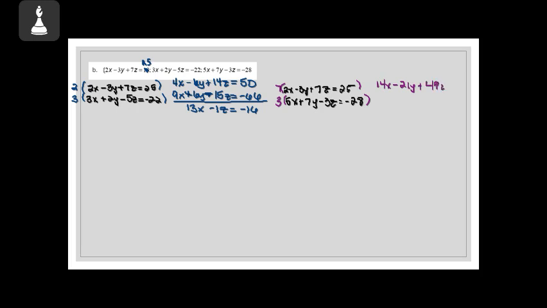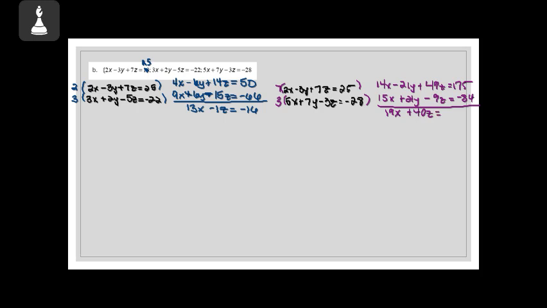Bottom one, 15x plus 21y minus 9z equals negative 84. So now if I add these down, I've got 29x, the y's cancel, plus 40z equals 91.